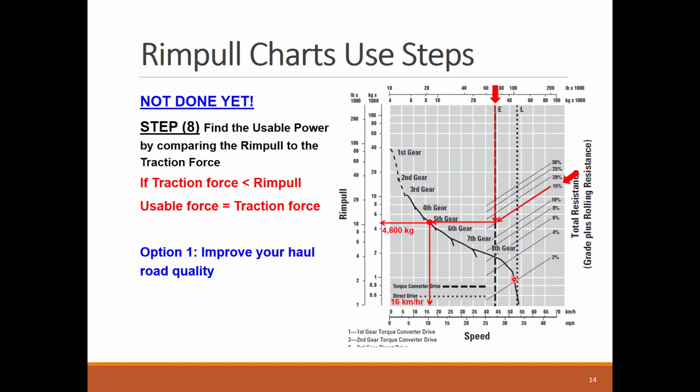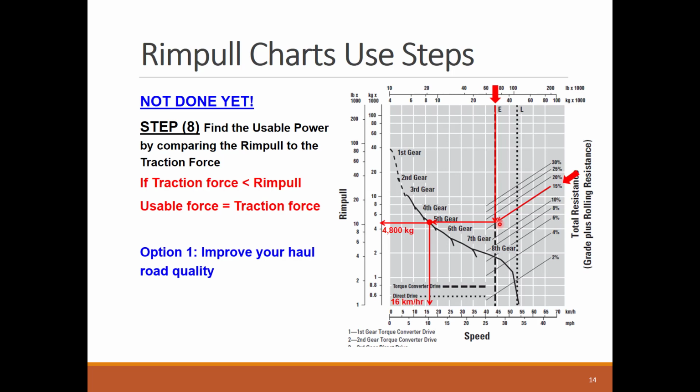You will need to do whatever is possible to bring the traction force up to at least the required rimpull force you found from the previous steps. The second option is to accept the bad hauling road quality and change your operation settings by using lighter equipment or a different haul road with less total resistance.